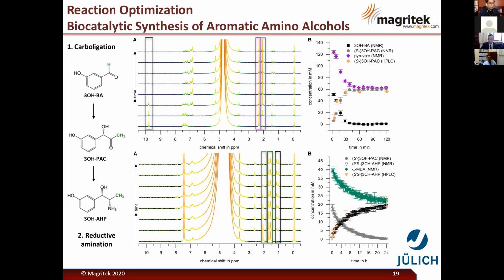And so they could achieve the goal of determining the optimal time point to start the second step of the cascade reaction, after around 45 minutes of the first step, so that they can achieve the highest overall yield for the cascade reaction. Their goal for the future would be to set up a self-regulation system with a feedback loop to optimize their biocatalytic cascade reaction.